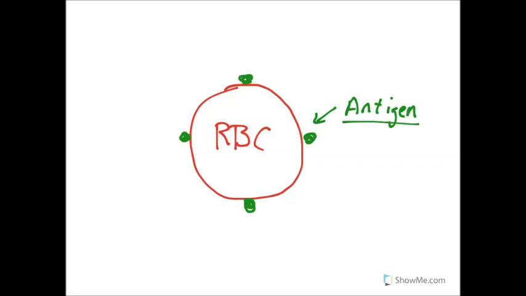Now these antigens determine the blood group. They're determined based on the enzyme, and this enzyme will come in and add certain carbohydrate side chains if it's one allele versus another allele. So these antigens come in A, they come in B, they come in AB. And if there is none of them, it will be type O.